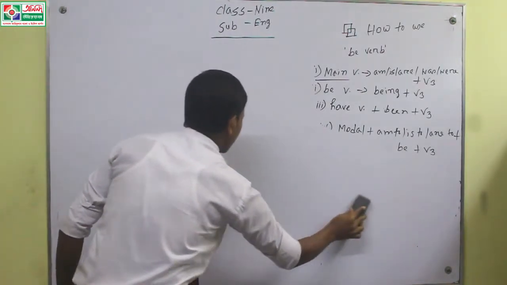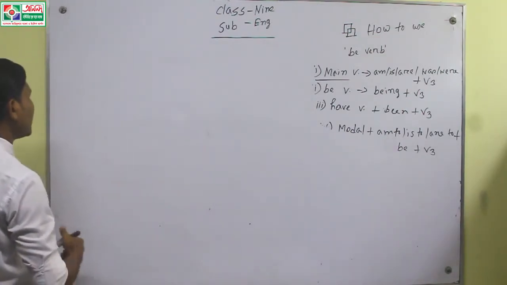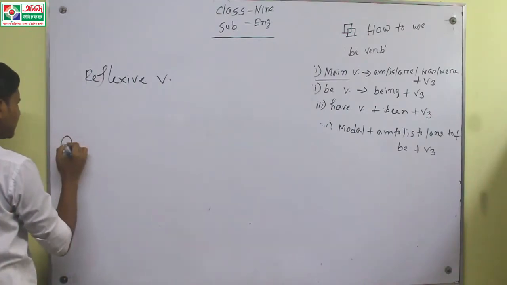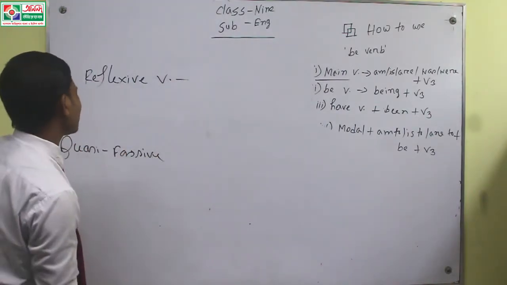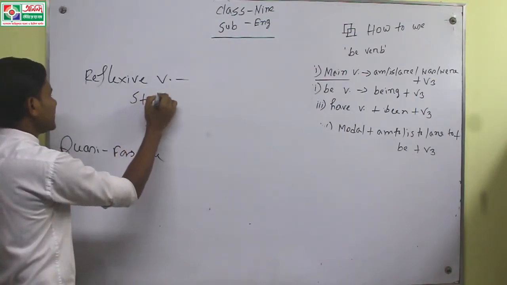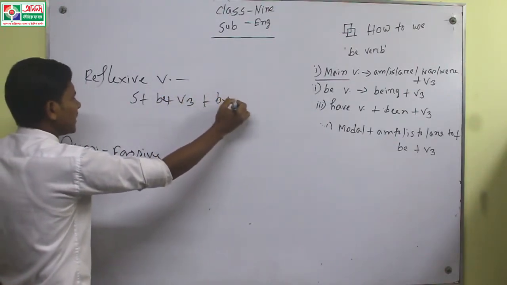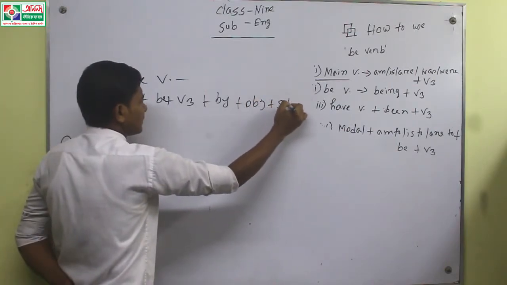This type of verb can change in two ways. For a reflexive verb, at first we use subject, be, plus verb 3, plus by, plus object plus self.